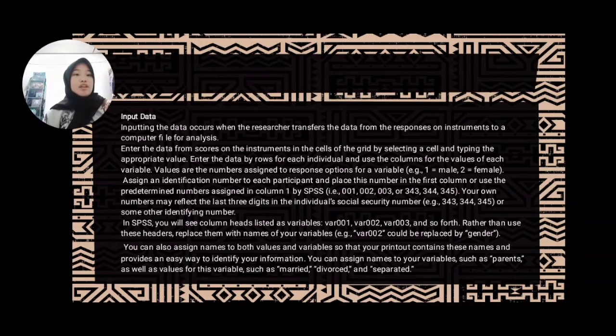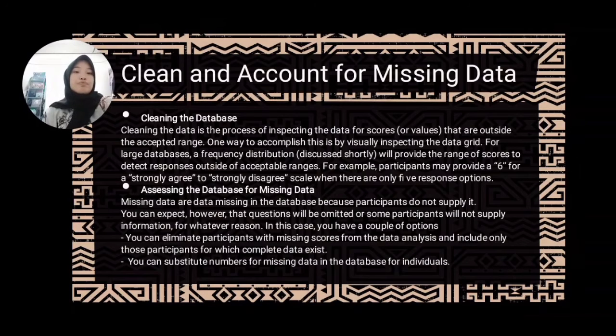Follow the number assignment to responses obtained for a variable. Assign an identification number to each participant and place this number in the first column, or use the predetermined number assigned in column 1 by SPSS.